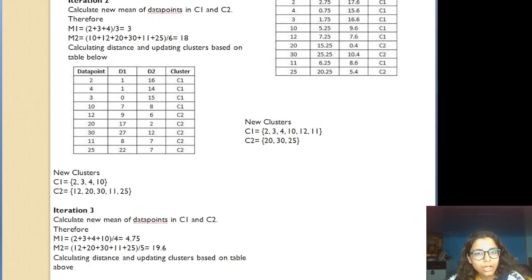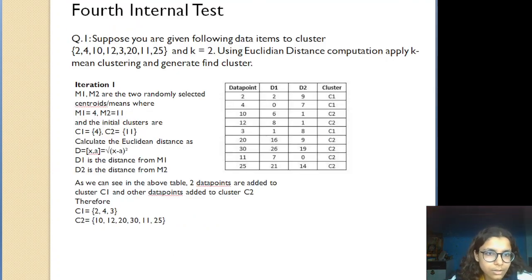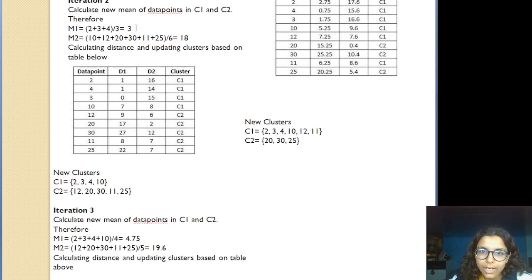For this iteration we take the mean of those clusters. The first cluster was 2, 4, 3, so we take their mean and get the value 3. That 3 is the new M1; the previous M1 was 4.